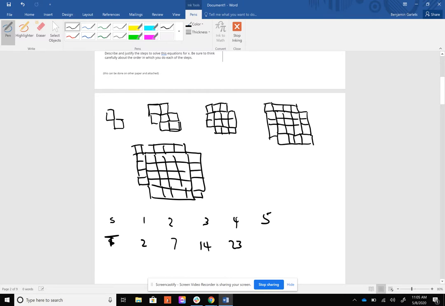So for step 5, I've got 16 in the middle, 4 by 4. So I've got my middle, which is 16, and then I've got 16 on the edge, so that puts me at 32, and then the 2 gives me 34.